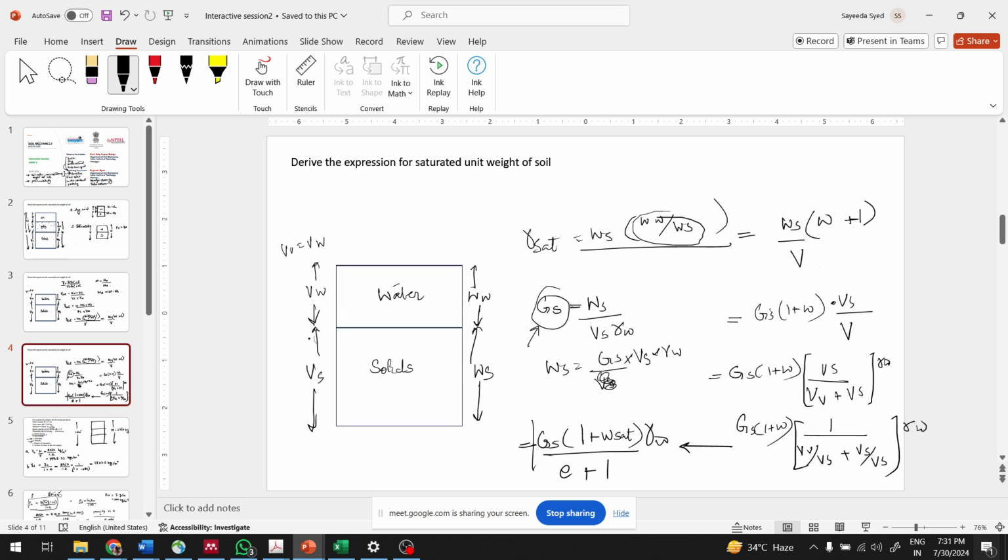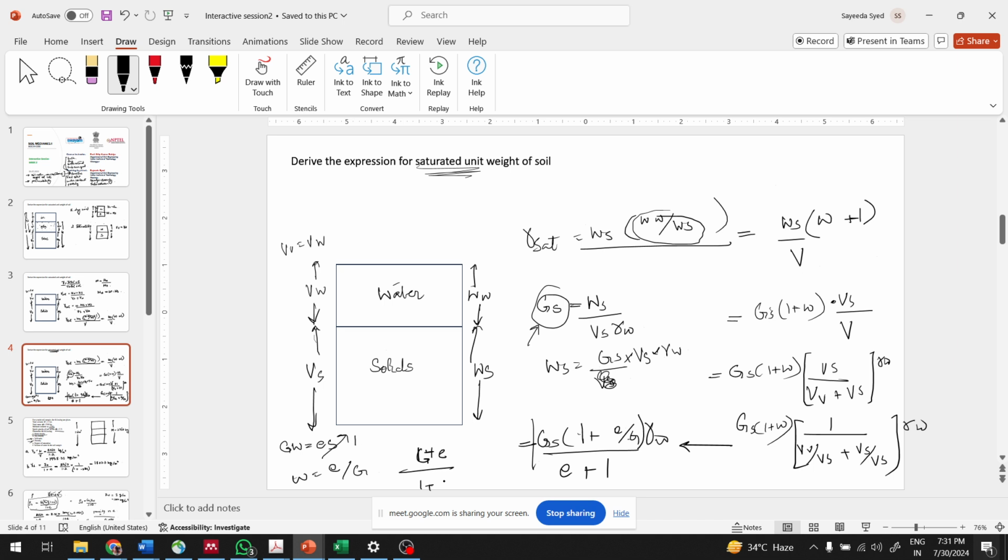What we have done here: if we write Gw is equivalent to eS, and S is equivalent to 1 because of saturation, then w is equivalent to e by G. And if we substitute it here, e over G, and we take the LCM, we will get the same result: (G plus e) over (1 plus e) times gamma W. Okay.